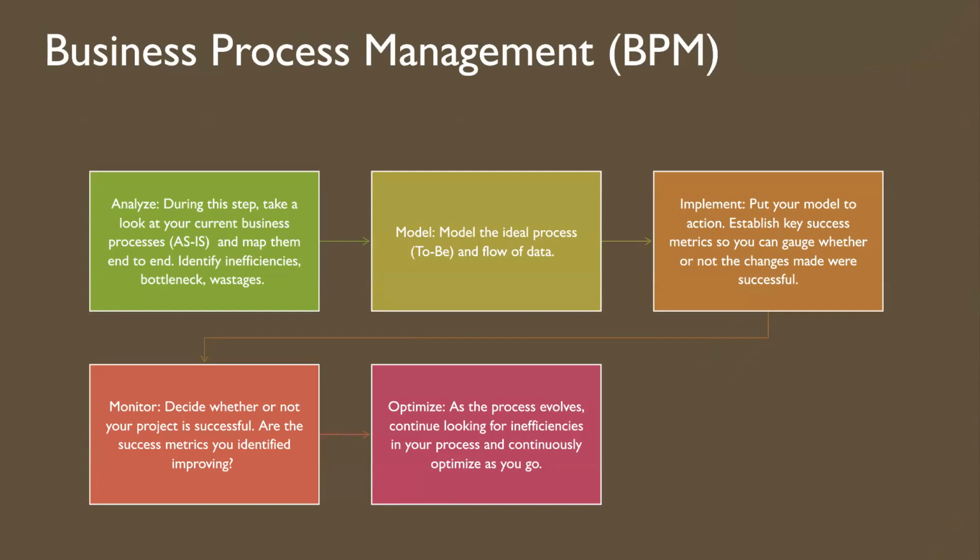But for us, we are dealing with business process management. And the steps in business process management in improving our business are these 5 steps: analyze, model, implement, monitor, optimize.